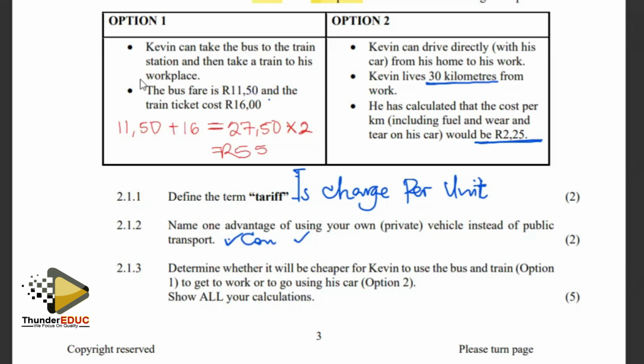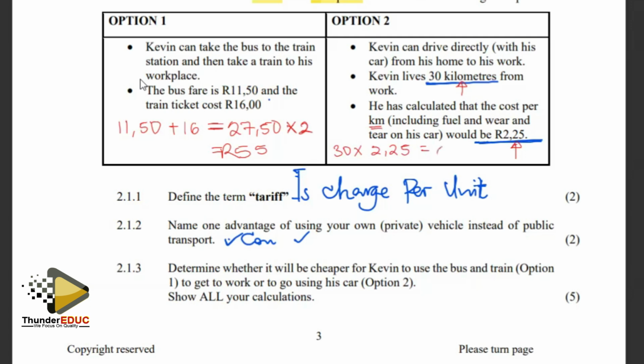Now, option number two. He looked at the distance covered. He pays per kilometer. Here it says the cost per kilometer. So simply it's 30 times 2.25.